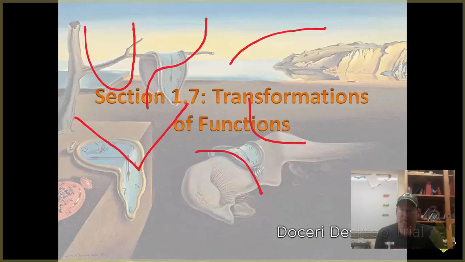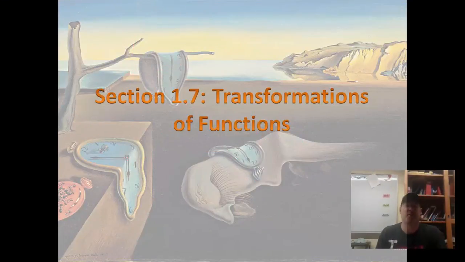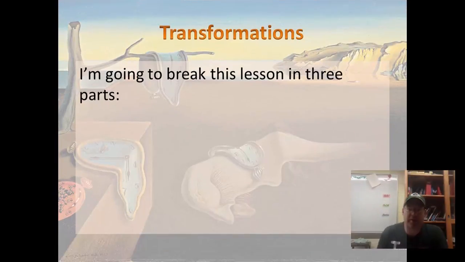And now we're going to be dealing with transformations of them, more specifically than we did in the last section, which means that we're going to be dealing with motions that move the graph up, down, left, right, or make them skinny or fat, and also reflections. So I'm going to break this into three different parts.